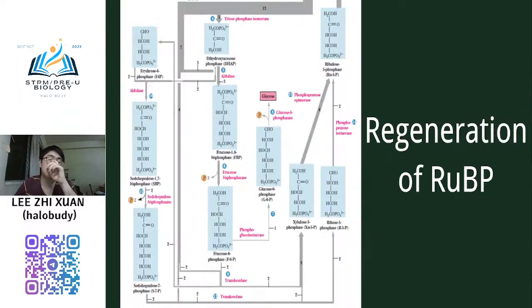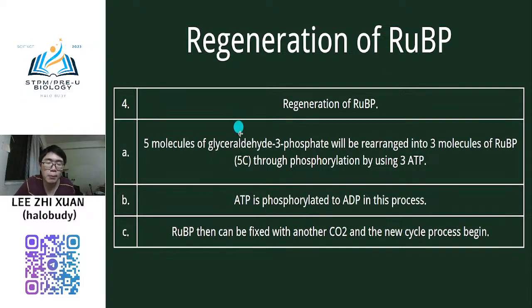Actually this one is in the biochemistry book in more detail lah. It's very detailed. If you see Campbell, it's just like this: 5 molecules of G3P will be rearranged into 3 molecules of RuBP through phosphorylation by using 3 ATP. ATP is converted to ADP in this process. So RuBP can be fixed with another carbon dioxide in a new cycle process.